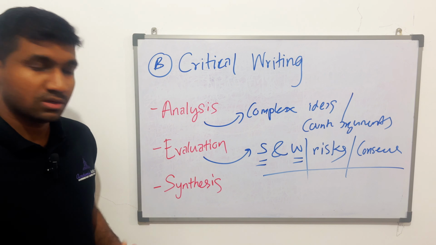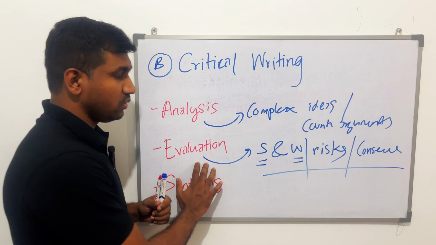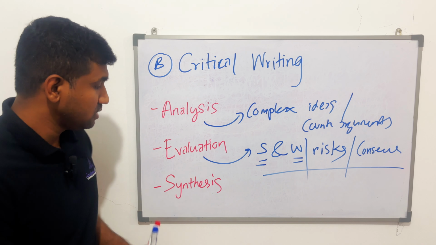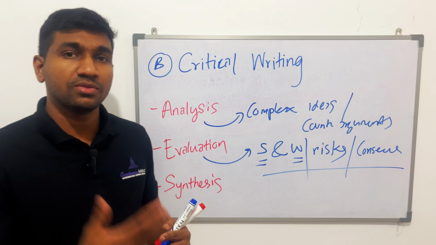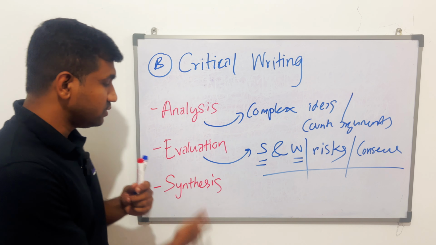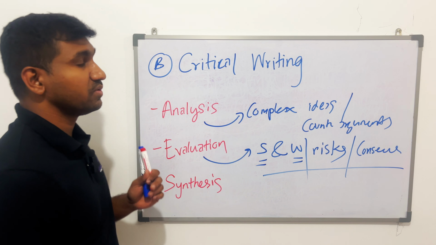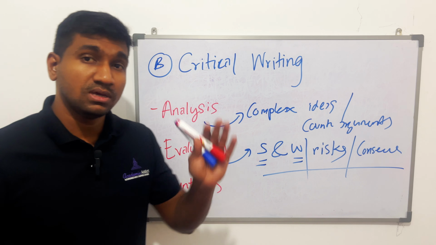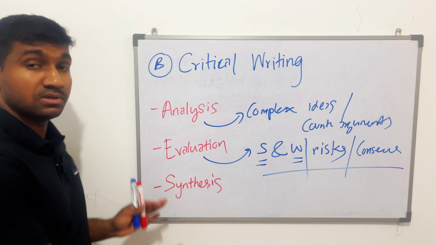You're looking at those things and evaluating strengths, weaknesses, risks, consequences, what the controls are. So you're evaluating your theoretical information as well as your application about your company. When you do that, that is also part of your critical writing. Remember, we have not discussed all these things in descriptive writing. So this is somewhat different.